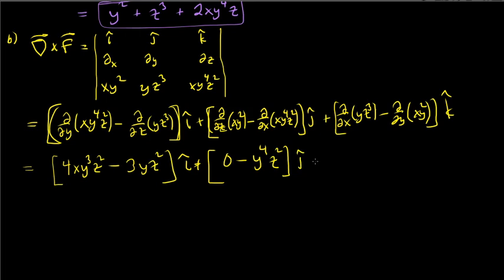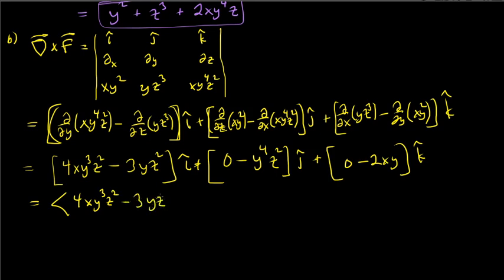It's the j component. And then the k component will just be 0 minus 2xy. Right. So it's kind of a long vector here, but this is the curl. I'm going to make sure I get it right. I hope it's right.